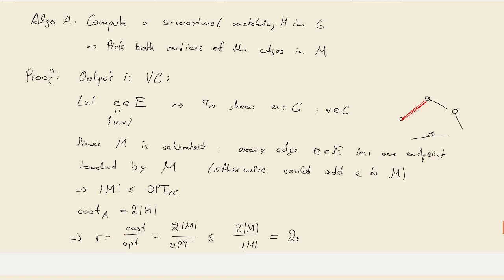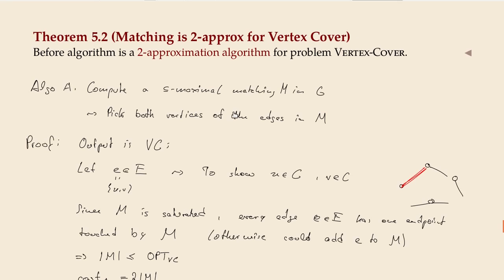So the approximation ratio is 2. So this simple algorithm, now that I got it correct, just gives you an approximation for the vertex cover problem. Pick any matching and pick all touched vertices.